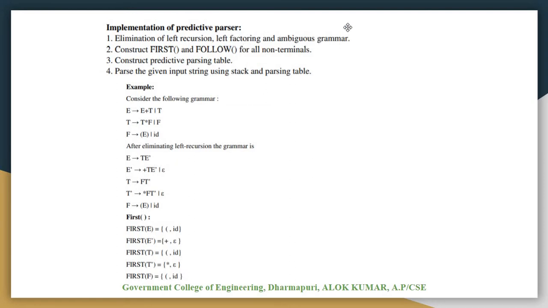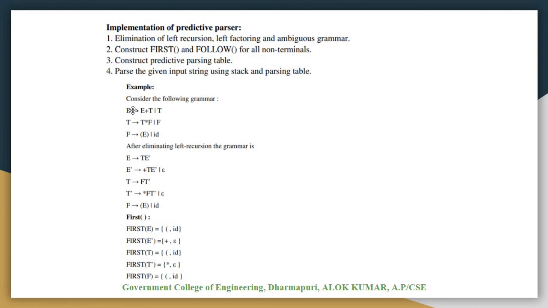And ambiguity should not be there, so the grammar should be unambiguous. Second, we have to construct first and follow for all non-terminals. Third step is to construct the predictive parsing table. And fourth, we will parse the string, to see whether the string is accepted by the predictive parsing table or not.